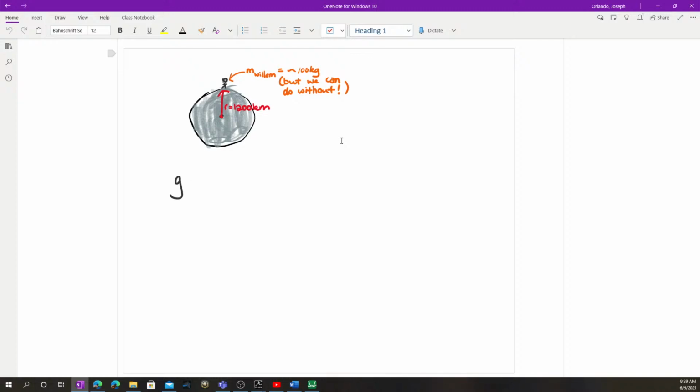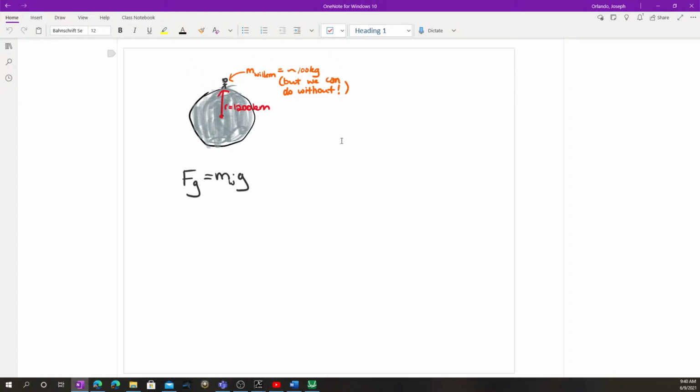We know that the force of gravity will just be the mass times acceleration due to gravity. This is one way to calculate it, right? And we'll say that's the mass of Willem. Yeah, it's going to cancel.